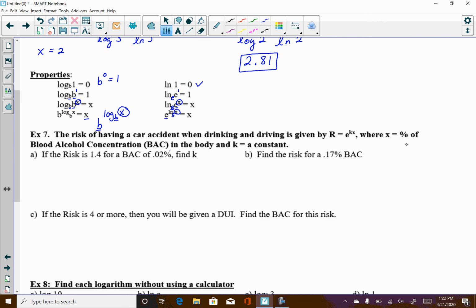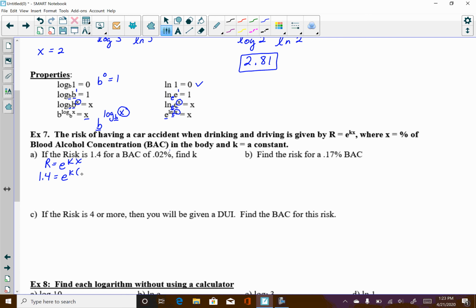In part A, they say if the risk is 1.4 for a blood alcohol concentration of 0.02%, find k. So I'm using my formula, R equals e to the kx, and plugging in what I know. My risk R, 1.4, equals e to the k, which we don't know, and x is the blood alcohol concentration of 0.02.